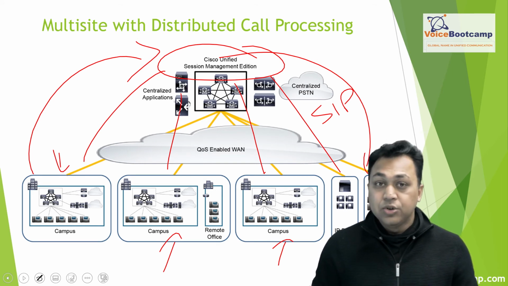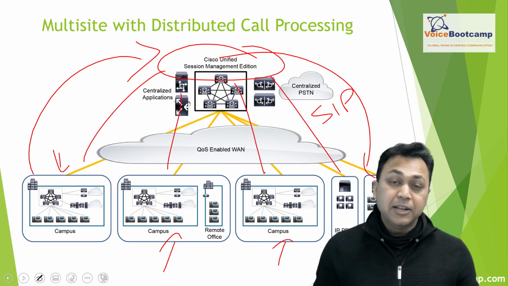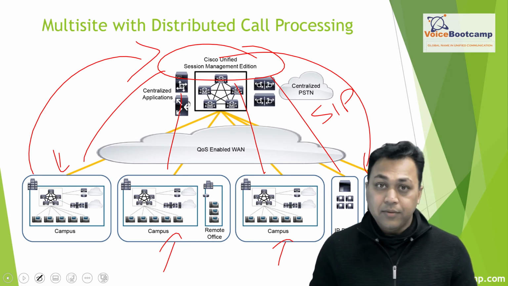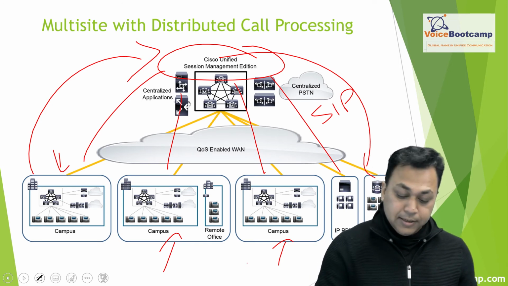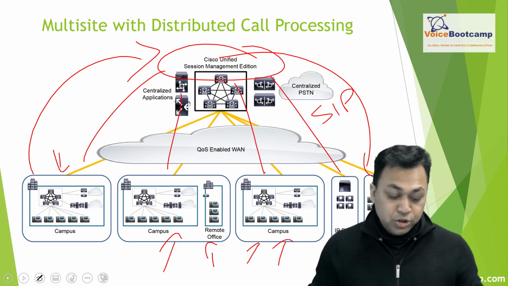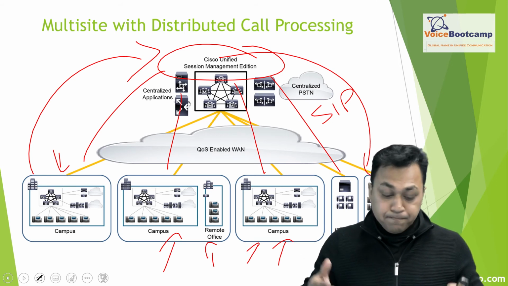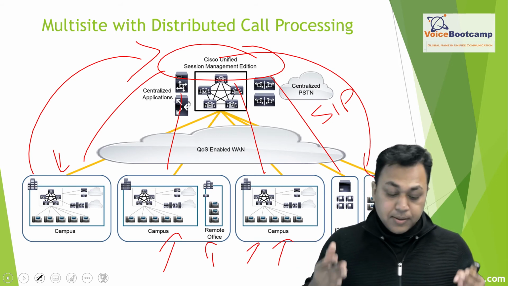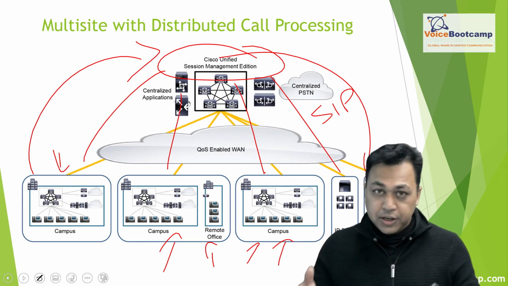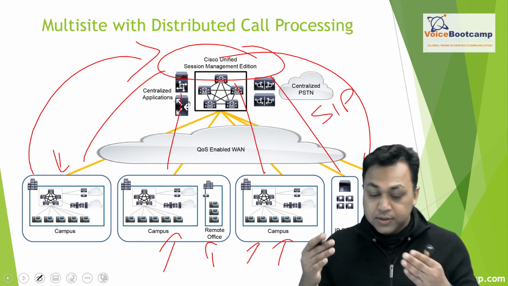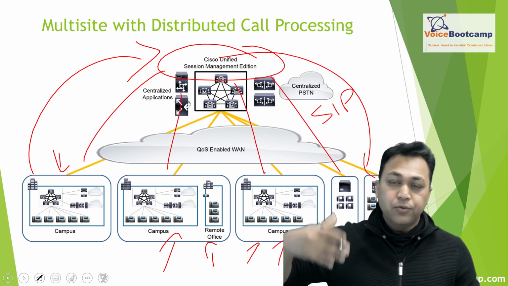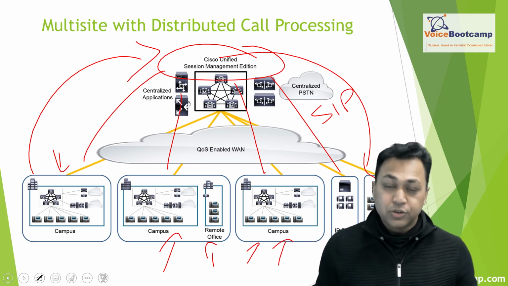With the multi-site, you can have an essentially unlimited number of phones. However, to do that, you must create an unlimited number of locations. So with campus design, you have a 40,000 restriction, and with multi-site with centralized call processing, a 40,000 phone registration restriction. For the distributed, you can keep adding 40,000 as long as resources are available.